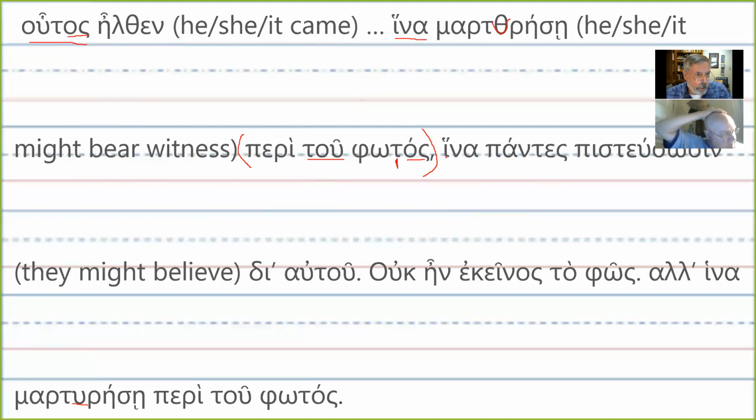And here's hina again, that or in order that. Pantes, this is a nominative plural, and I know it's nominative plural because I'm in a third declension word with the consonant here, pantes. So that all, pisteusosin, and they translated for us, they might believe. So in order that all might believe. Give me my pen back.